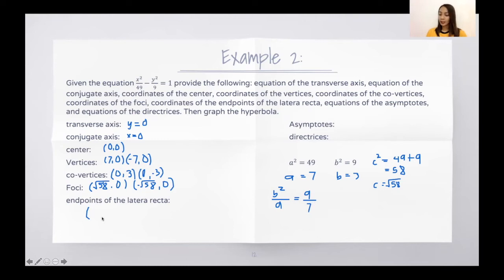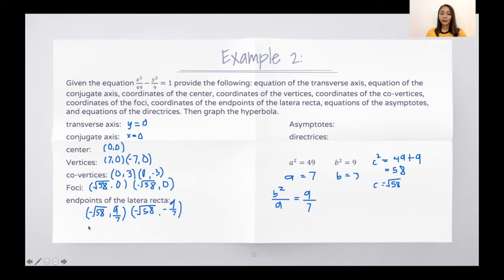So we have negative c, so negative the square root of 58, and positive negative b squared all over 7. So 9 over 7, and another negative the square root of 58, negative 9 over 7.